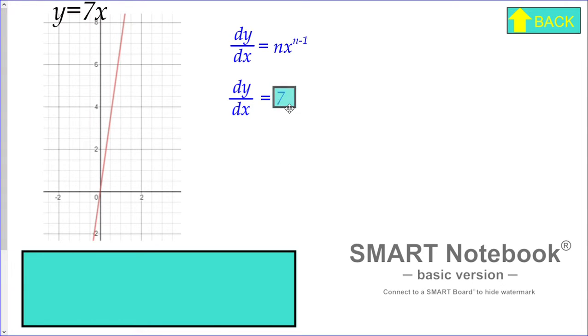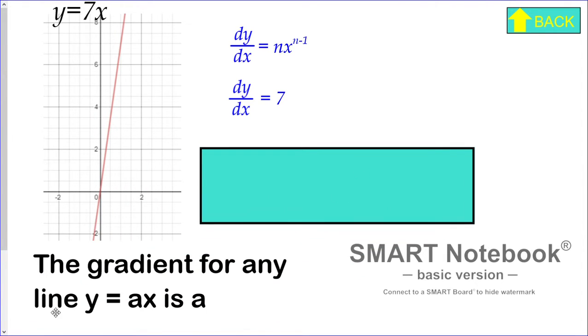That's right, 7. So the gradient function will be equal to 7. Because regardless of where you are on this line, what value of x you are at, you'll always get a gradient of 7. The gradient for any line, y equals ax, will always be the number in front of x.